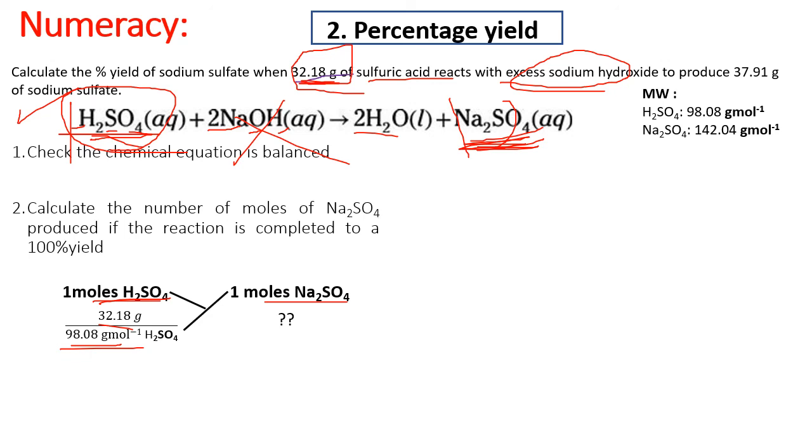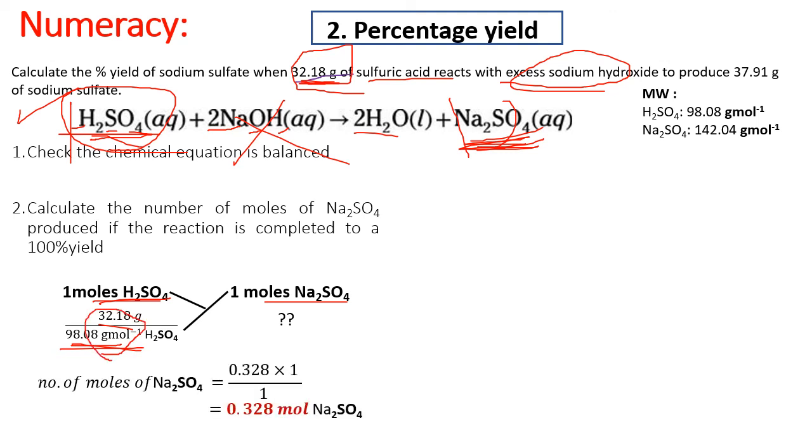By doing this division, 32.18 over 98.08, I can get the number of moles of the H2SO4, which would be 0.328 multiplied by 1 over 1, so 0.328 moles of H2SO4 would give me 0.328 moles of sodium sulfate.